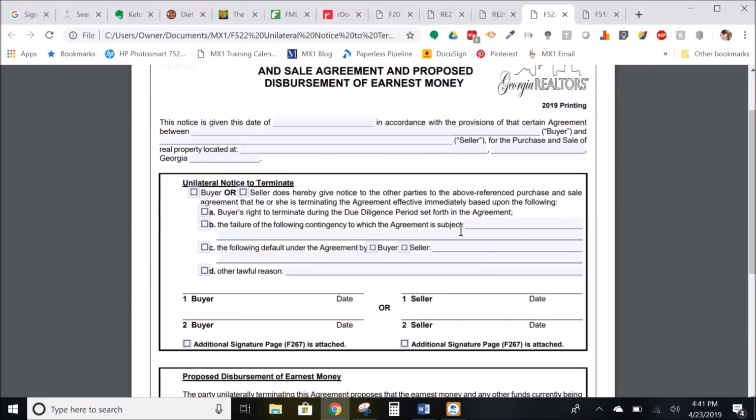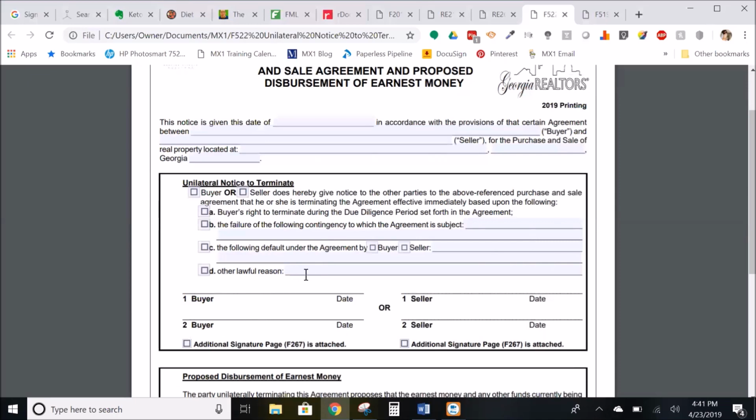Then if there is a default, I'll come back to that in a second. For other lawful reason, that is not further explanation on why a buyer is terminating under due diligence or why a buyer is terminating under the contingency. That is other lawful reason.